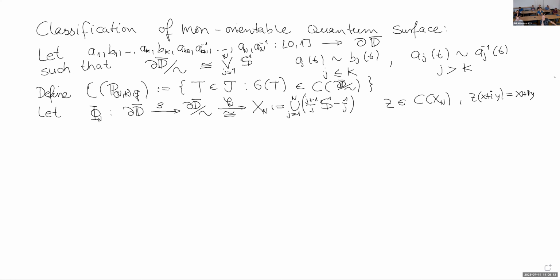Now we pull it back. So Z we define as a pullback, phi_n pullback of Z. This is a function on the circle that satisfies exactly the boundary conditions. And since this is a homomorphism, it separates the points that it has to separate.